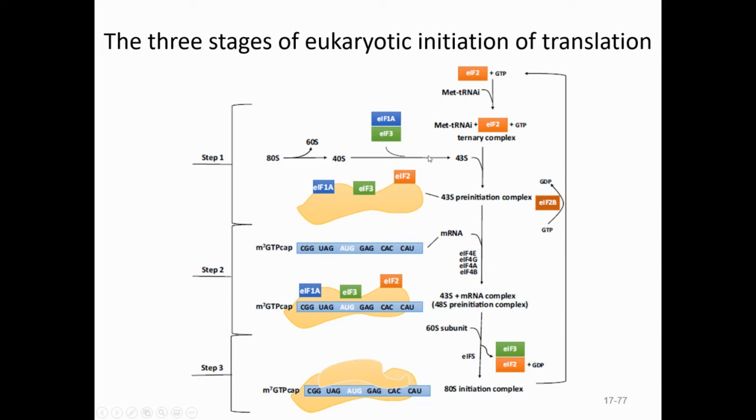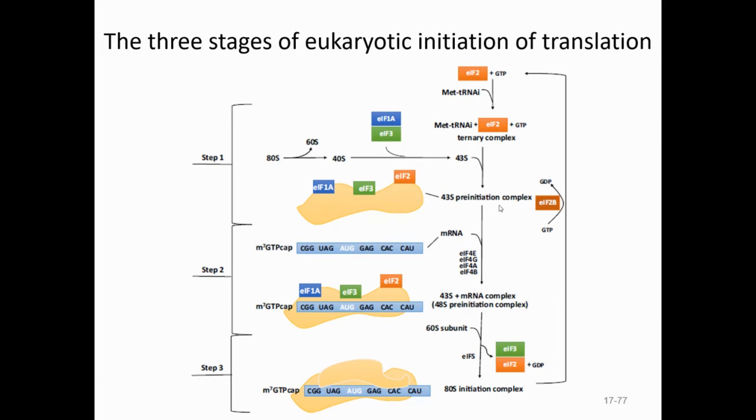Then the 40S binds eIF1A and eIF3, and the methionine tRNA and eIF2 all come together to form the pre-initiation complex.